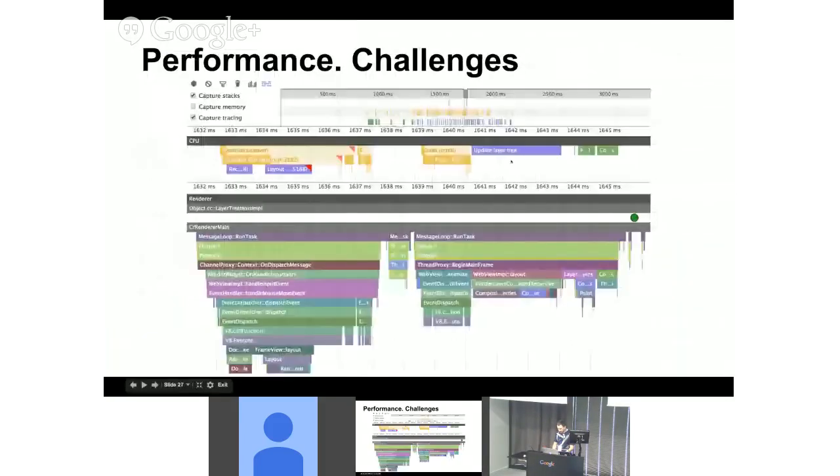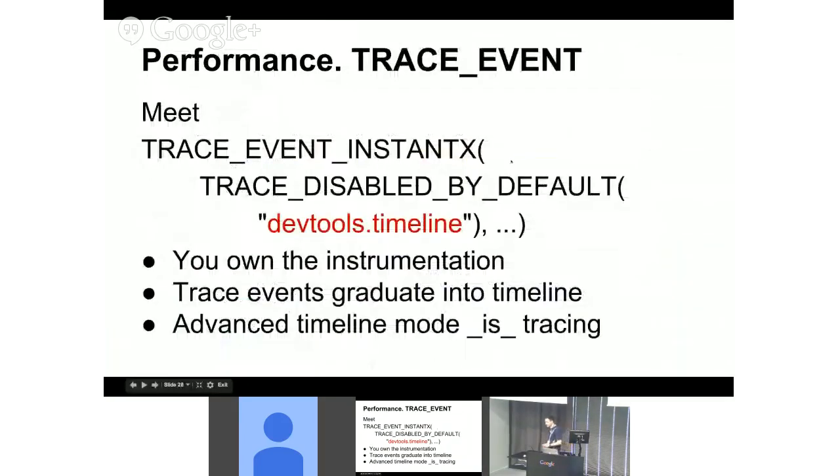And the way we fix it is migrating to the tracing instrumentation. So what we're going to do is ditch all the inspected instrumentation for performance and migrate to trace events that you are probably using. And with that gesture, we would like to make you owners of that instrumentation.